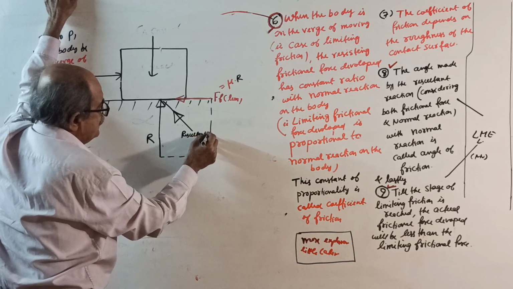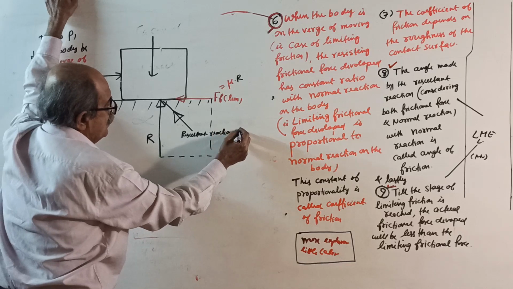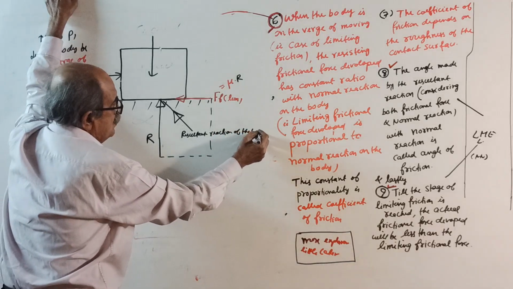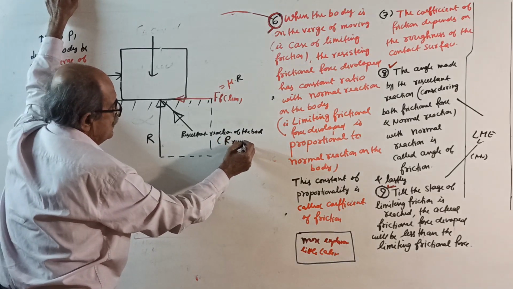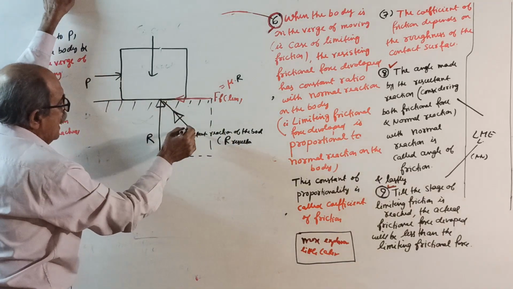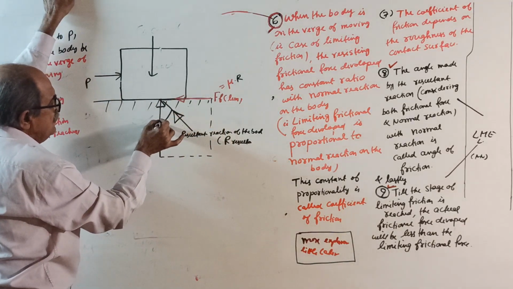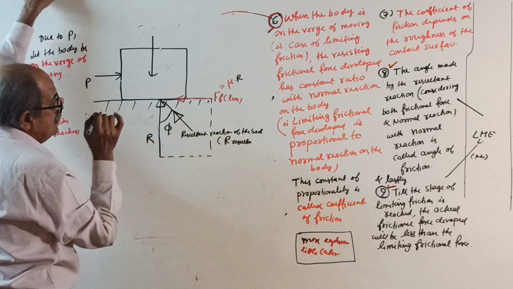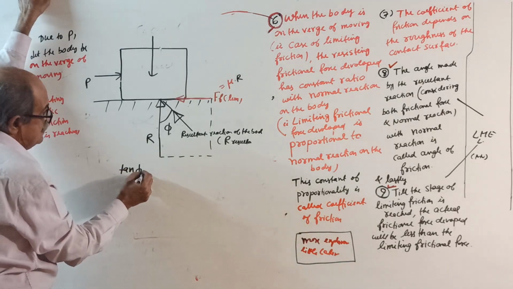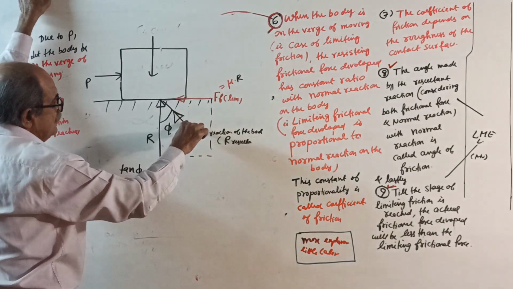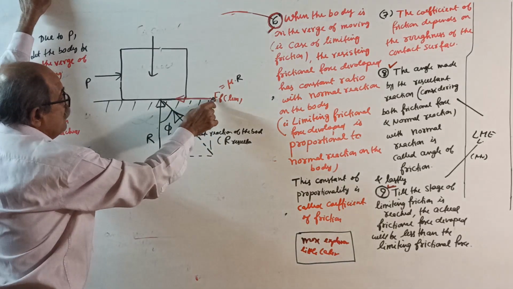Don't put the resultant reaction on the body, or call it R resultant. Now, the angle made by the resultant reaction with the normal reaction is called phi. Therefore, see the triangle here, it will correctly come by the law of triangle of forces.